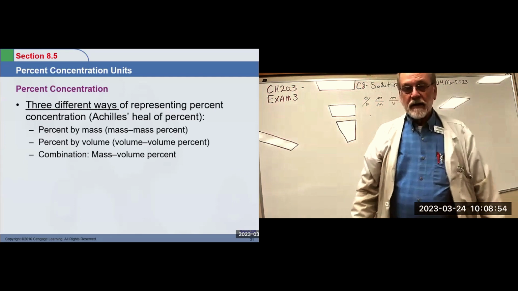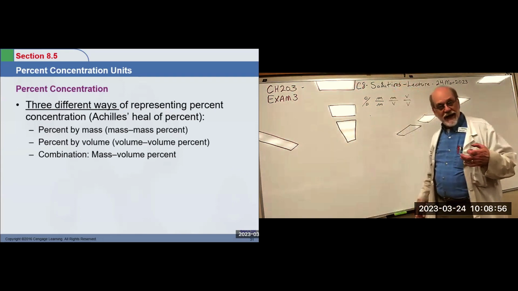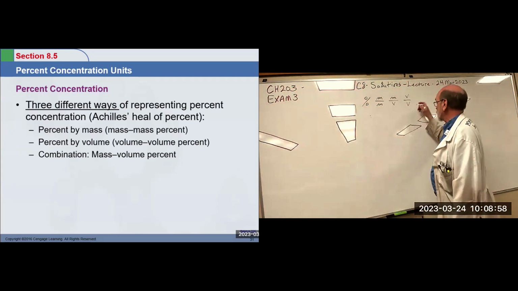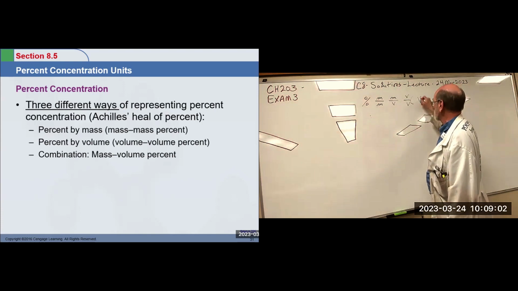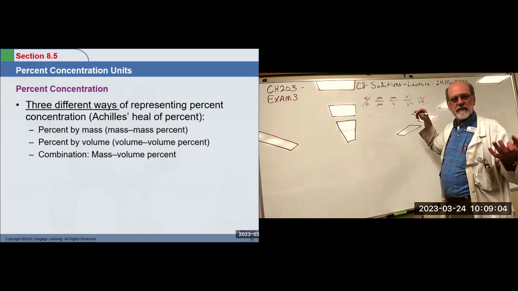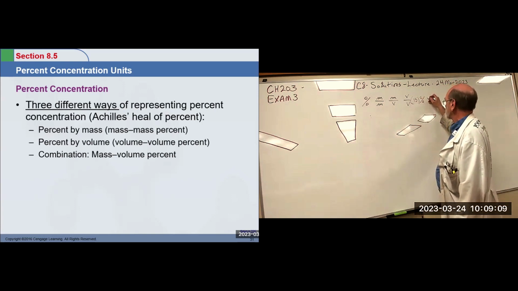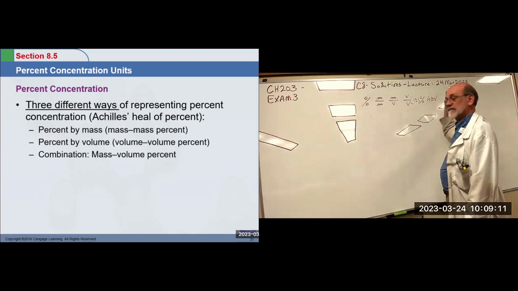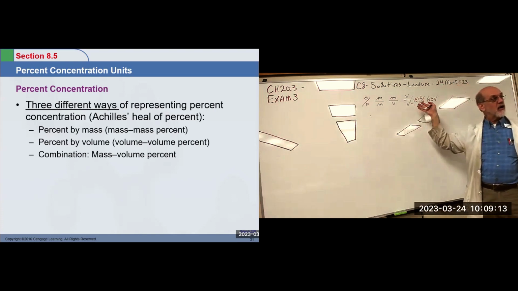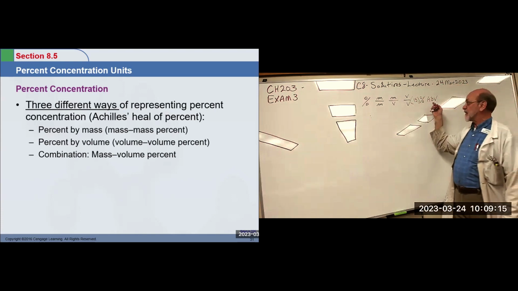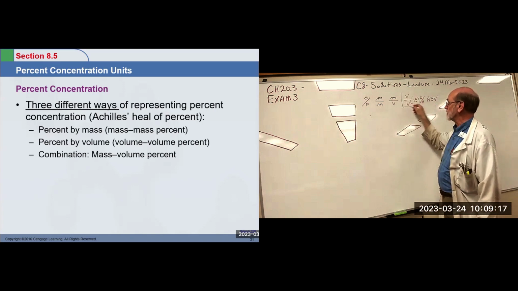If you purchase alcohol, it will have a percent value. Let's say it's wine, maybe it's 15%. It'll say ABV. That means alcohol by volume. And that specifies that it's this one right here.